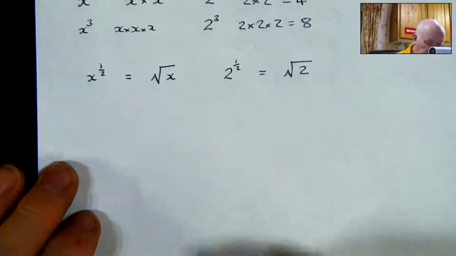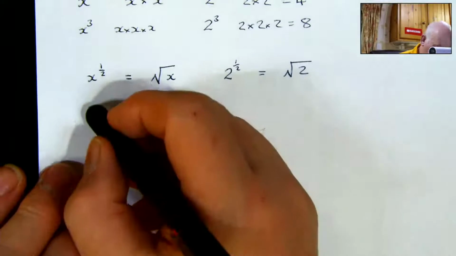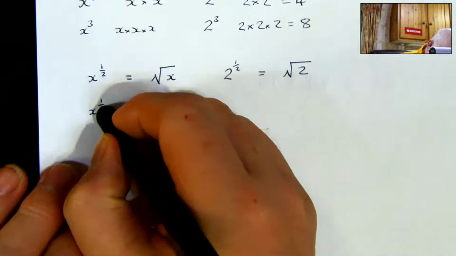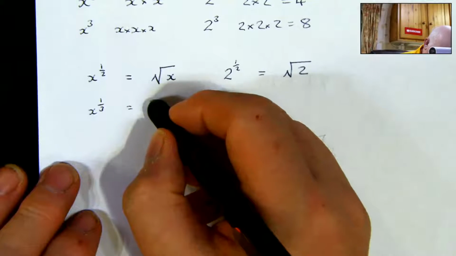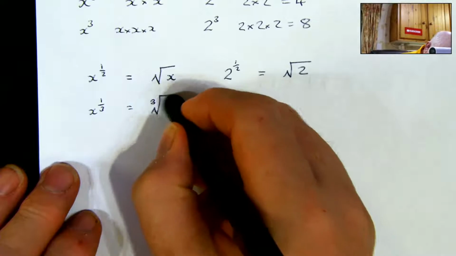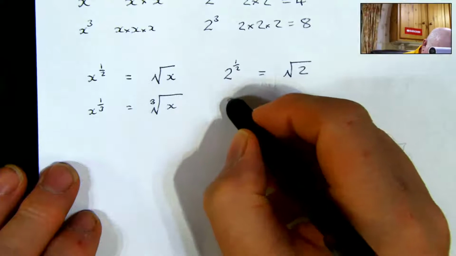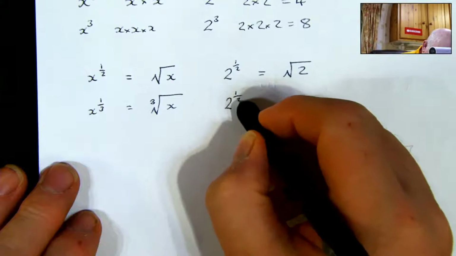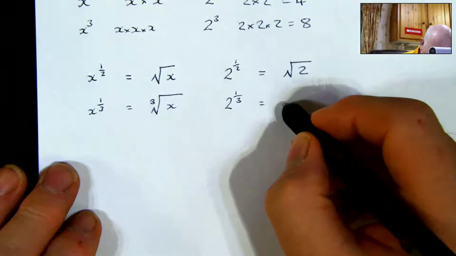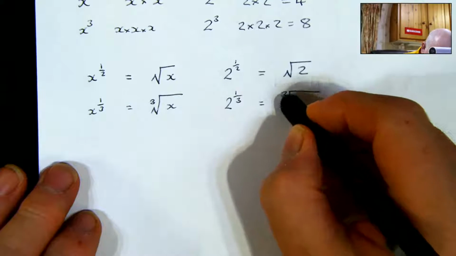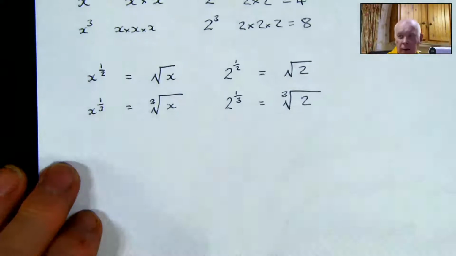Not one I can easily work out without the calculator. X to the third. Well, you might spot this one. This is the cube root of x. So therefore, 2 to the third is going to be the cube root of 2. And so it carries on.